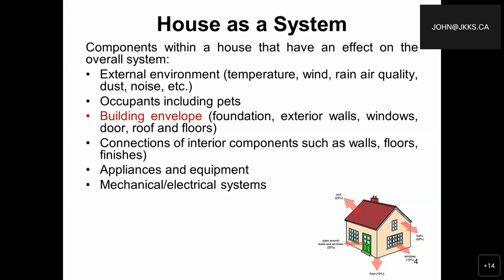Do we have occupants? The number of occupants can have a dramatic impact on the condition within the house. As we add more people, we're potentially adding more moisture, but also think about pets or other things that are our favorites.